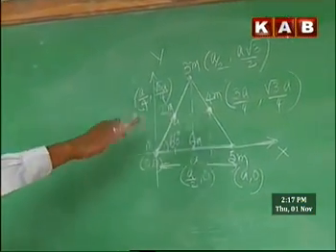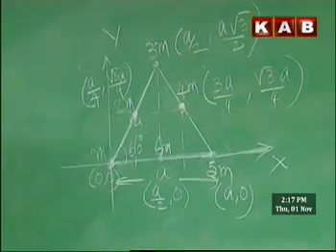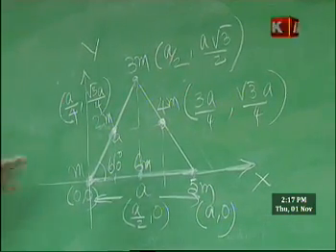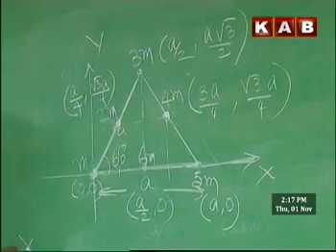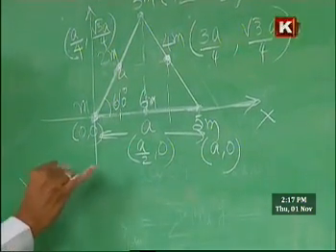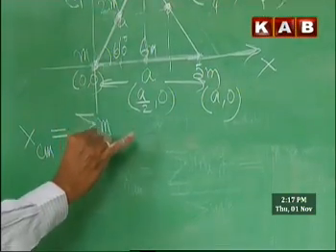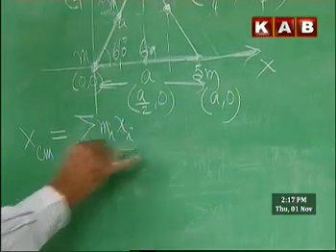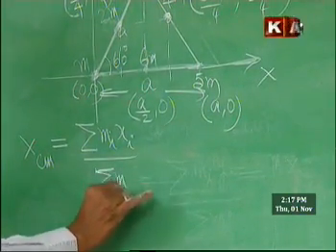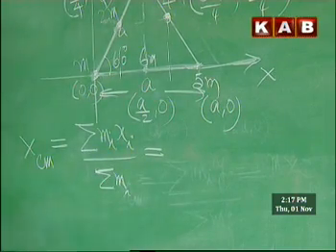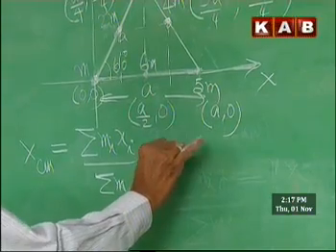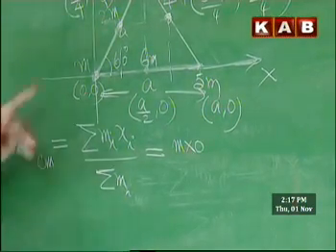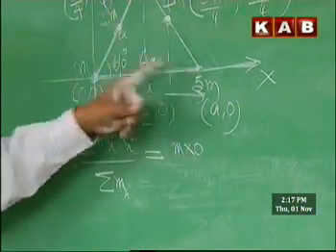Since the system is distributed in the xy plane, as I told you, we can calculate both the x and y coordinates of the center of mass. Now we will find out xcm. xcm, as per the definition, is Σ mi xi by Σ mi. Therefore, m1 x1: m1 is m into 0 because it is at the origin, and we go in this order.